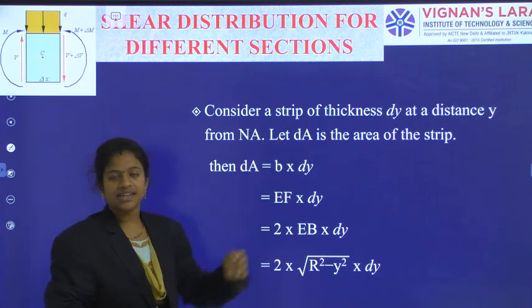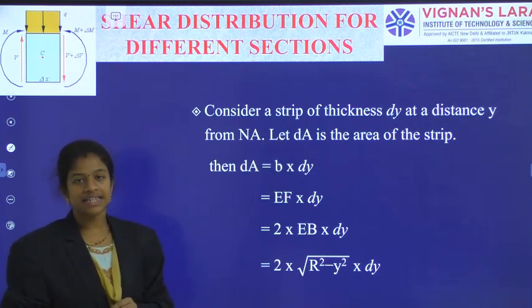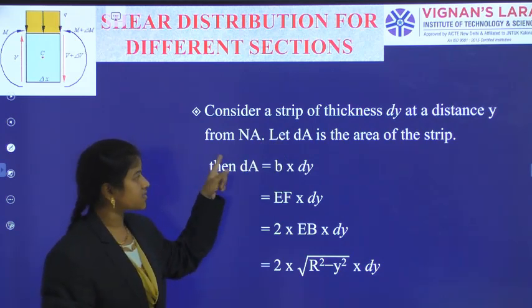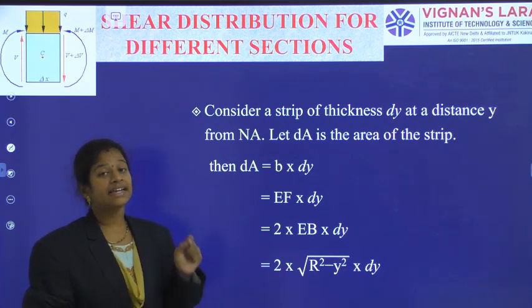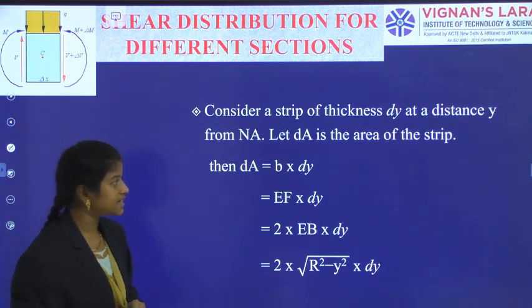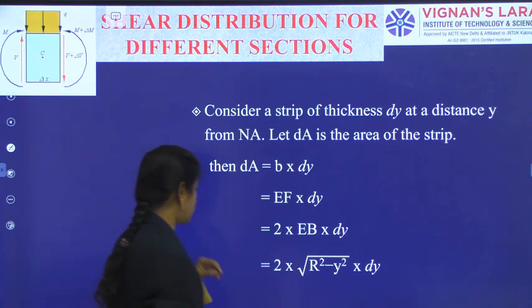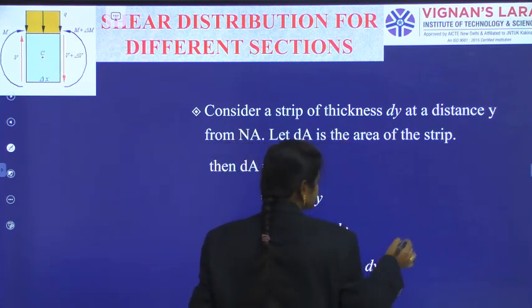So, we are considering a strip of thickness dy which is at a distance y from the neutral axis, and its area is indicated as dA, the area of that strip.